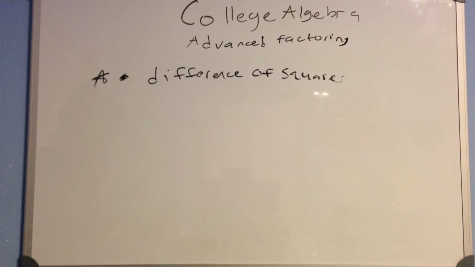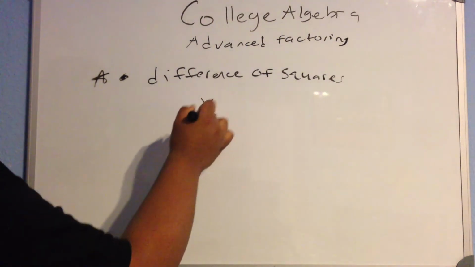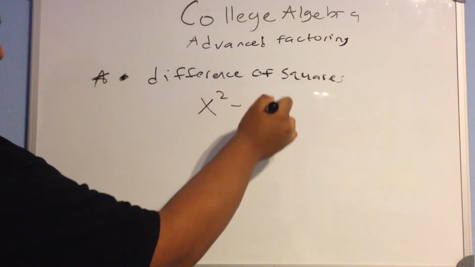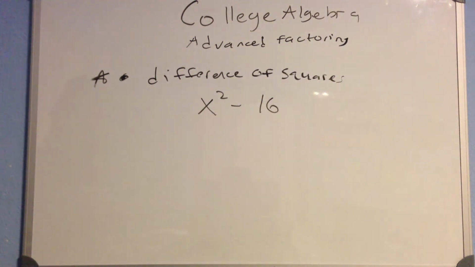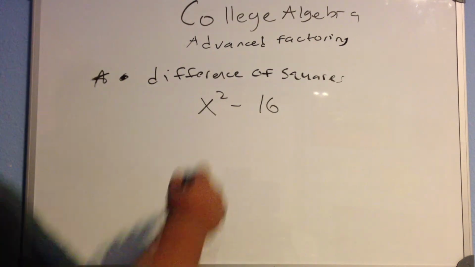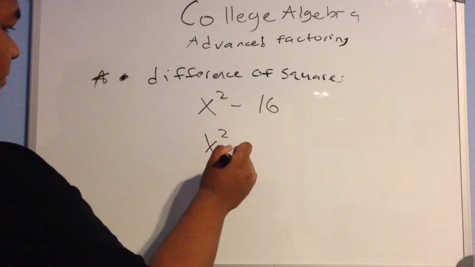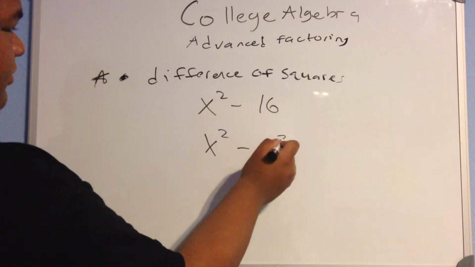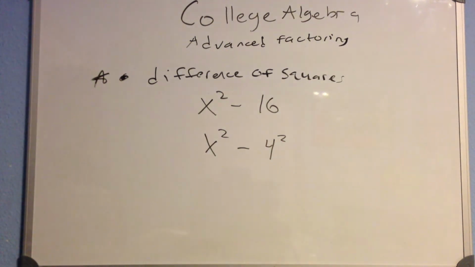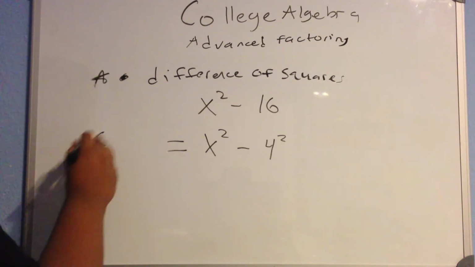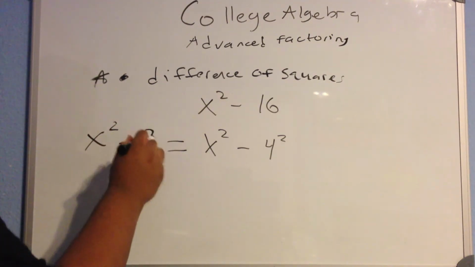A specific problem that we'll go over today, very basic, but it's important to understand, x squared minus 16. Now, it doesn't look like it's in the format x squared minus y squared, but in reality, this problem is x squared minus 4 squared. So it is, as you can see, in the format of x squared minus y squared.